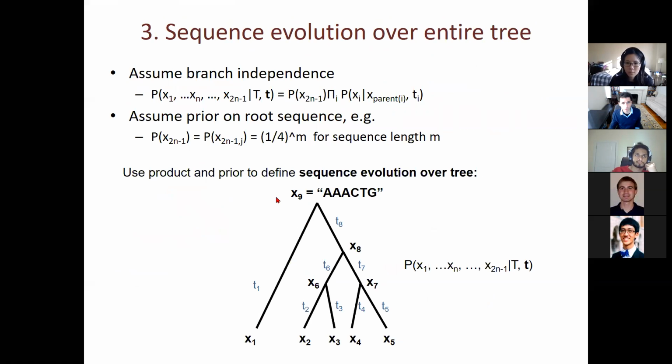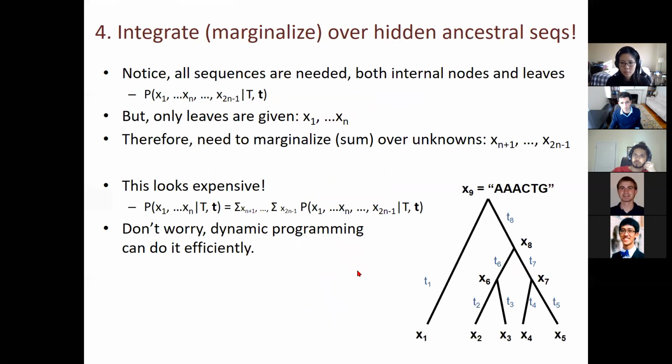And then how we can compute the sequence evolution over the entire tree by assuming branch independence, by assuming a prior on the root sequence, and then, for example, 1/4 probability for every nucleotide. And then we can use the product and the prior to define sequence evolution over the entire tree. And then lastly, we integrate by marginalizing over the hidden ancestral sequences.